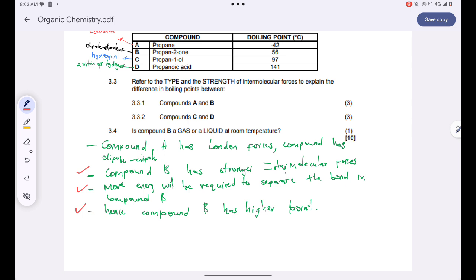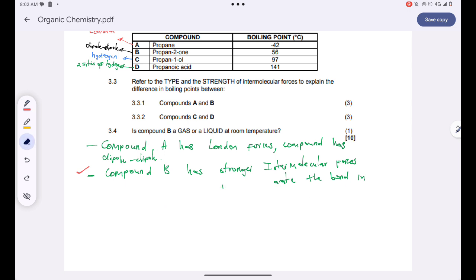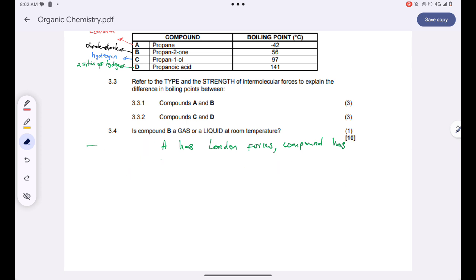Okay, now let's go to 3.2. We are comparing compound C and D. Both compounds have hydrogen bond, which is the strongest.